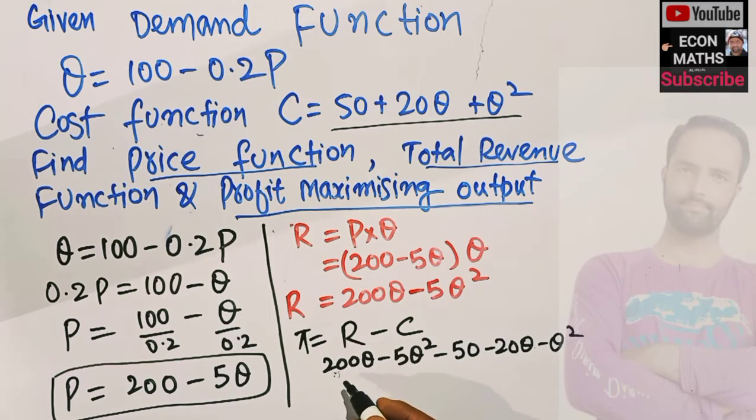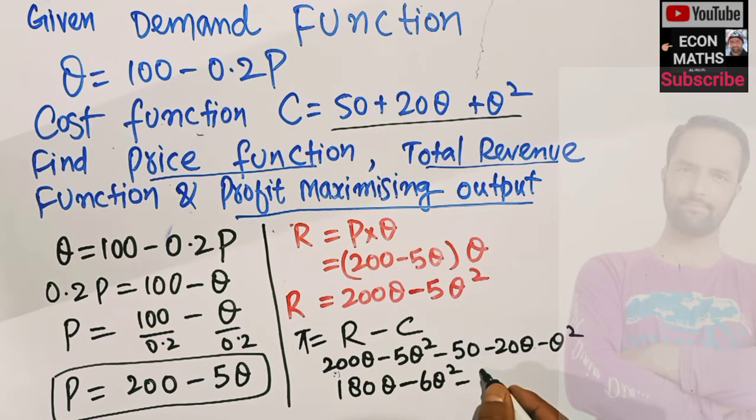So 200 minus 20 is simply 180Q, minus 5Q square minus Q square is minus 6Q square, then we have minus 50. This is our profit function.